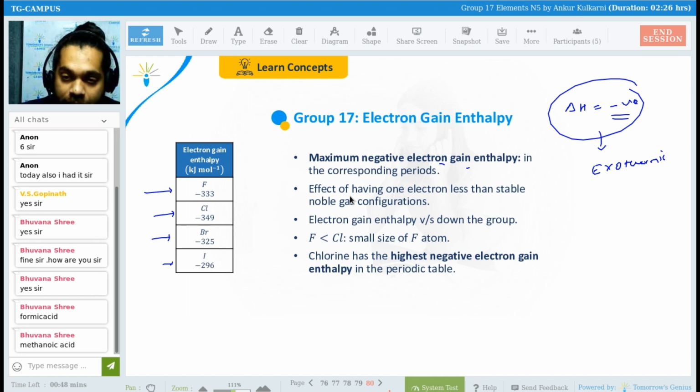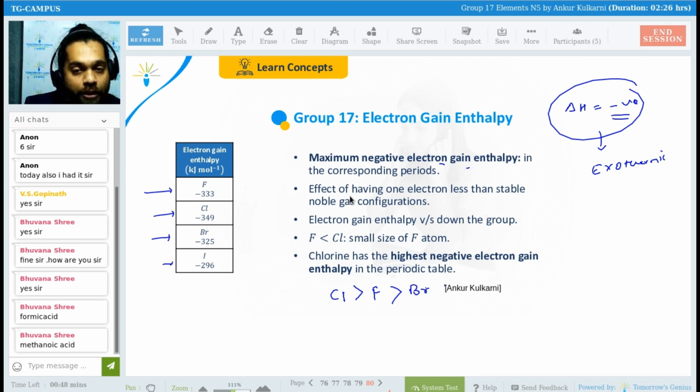As you go down the group, it decreases. Only chlorine is the exception. Please write down, chlorine is the exception. Chlorine is greater than fluorine.